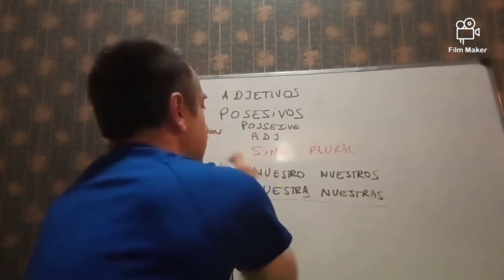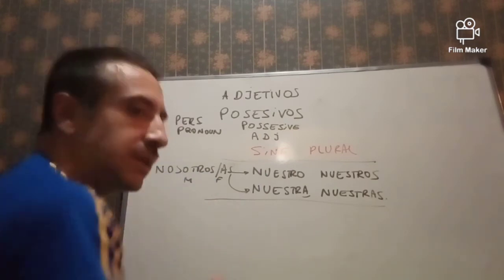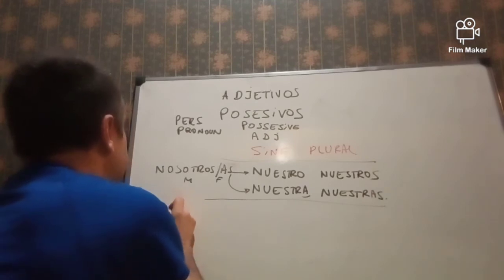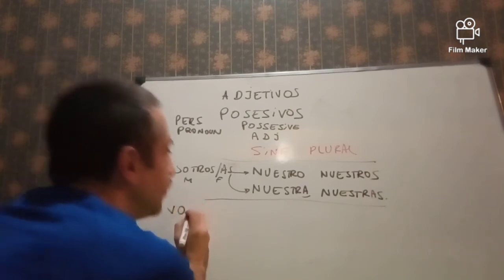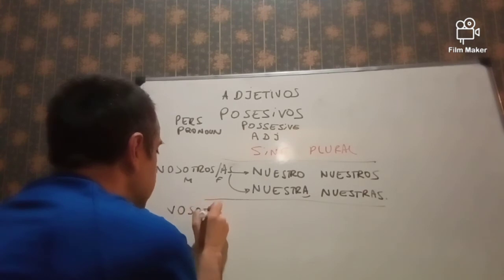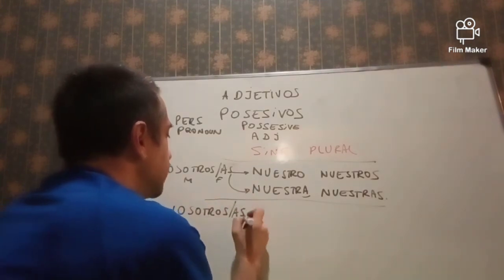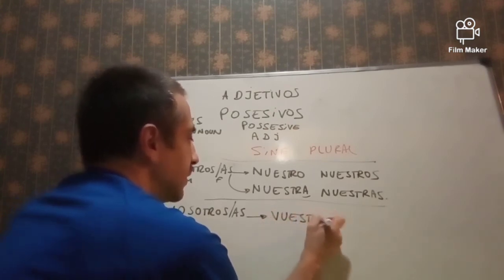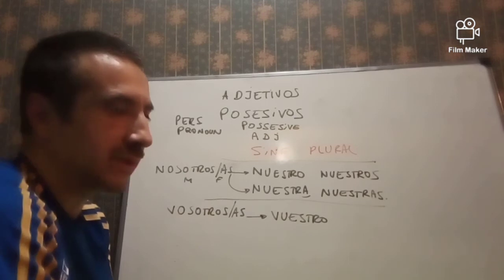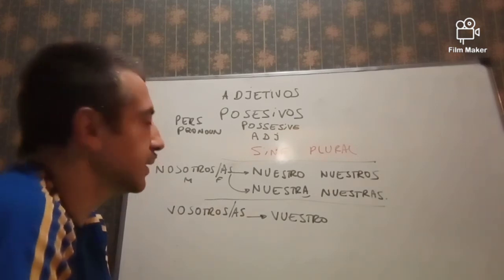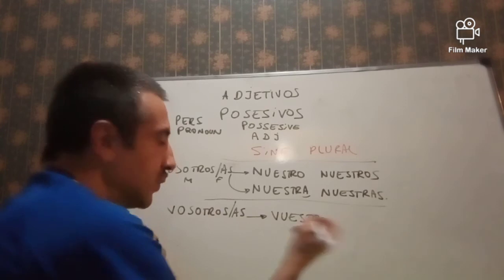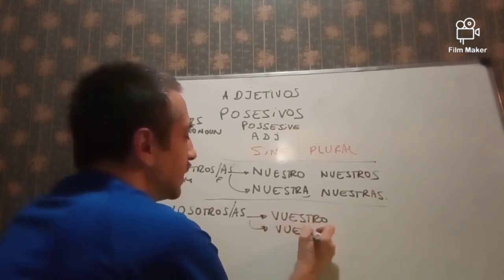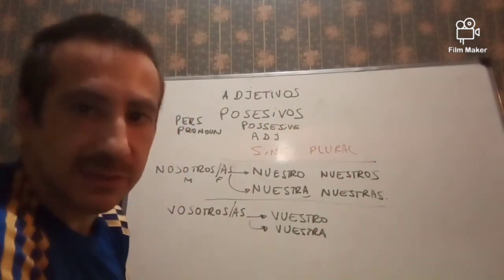The other distinction according to gender, we have it in this person too. Vosotros. Both for vosotros and vosotras we have vuestro if the noun that follows is masculine, and vuestra if the noun that follows is feminine.